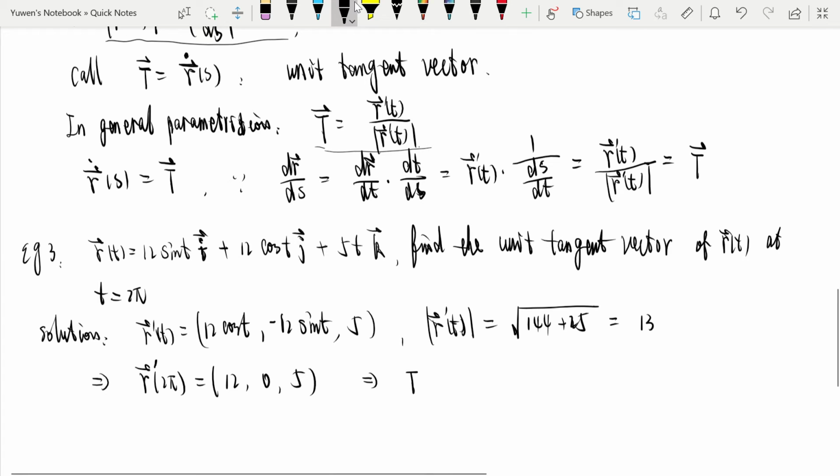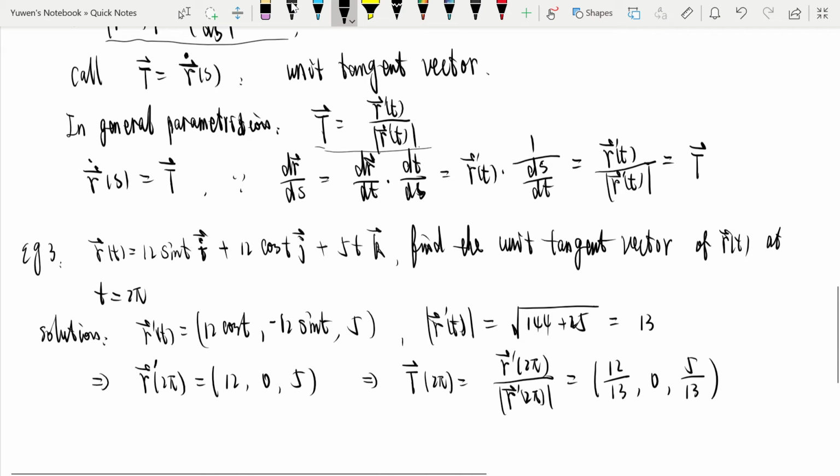So the unit tangent at 2 pi is r prime at 2 pi over the length of r prime at 2 pi, that is 12 over 13, 0, 5 over 13.